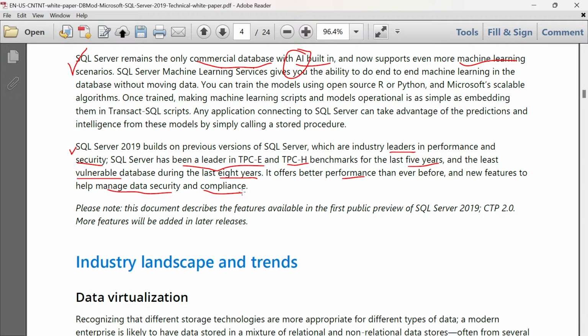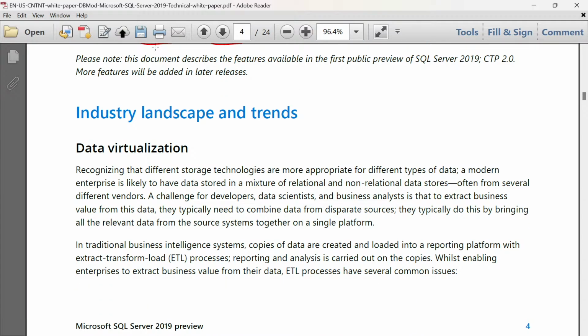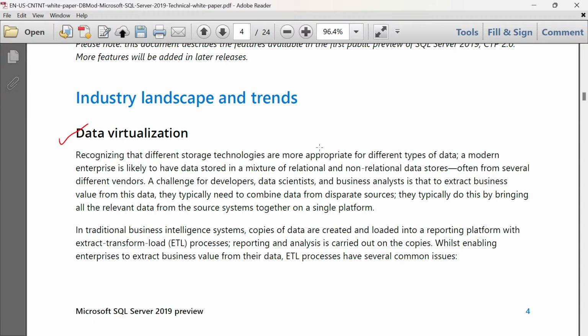So all the versions are equally compatible with the current version, with some added features. What those features are, we will go through gradually in this session. So first, as per the industry scenario, we will look at data virtualization.